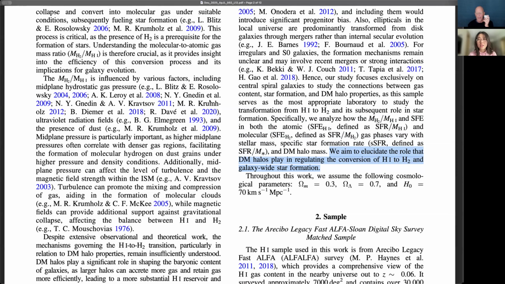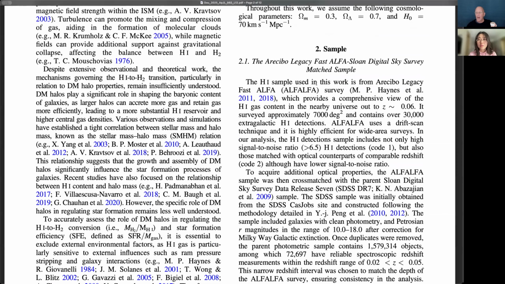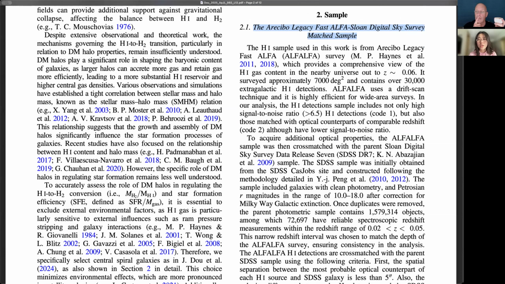Next, in section 2.1, we introduce how we construct our main sample in this work. One sample used in our work is retrieved from the Alpha Alpha survey, which is a large H1 survey in the local universe and contains more than 30,000 extragalactic H1 detections.